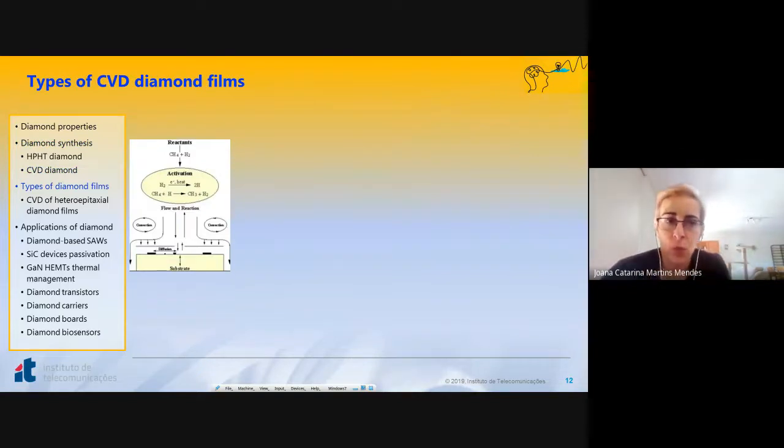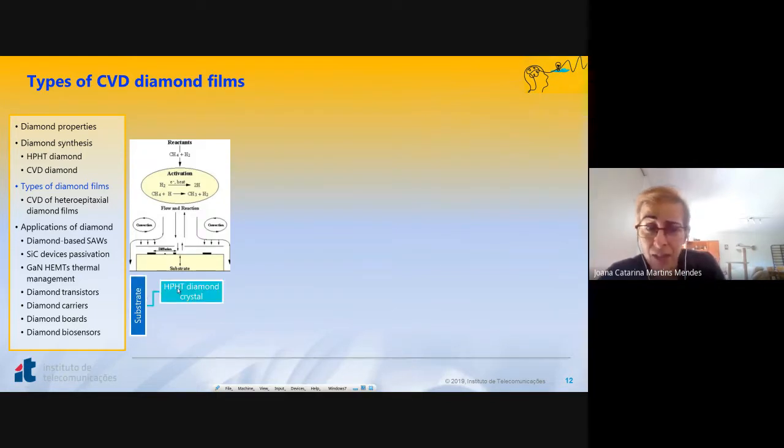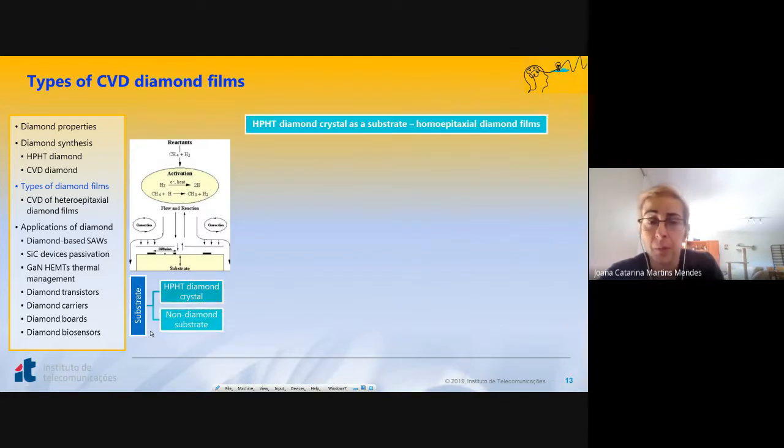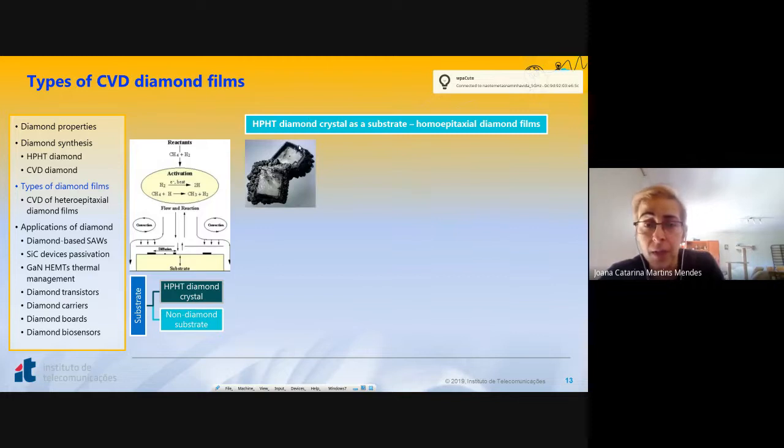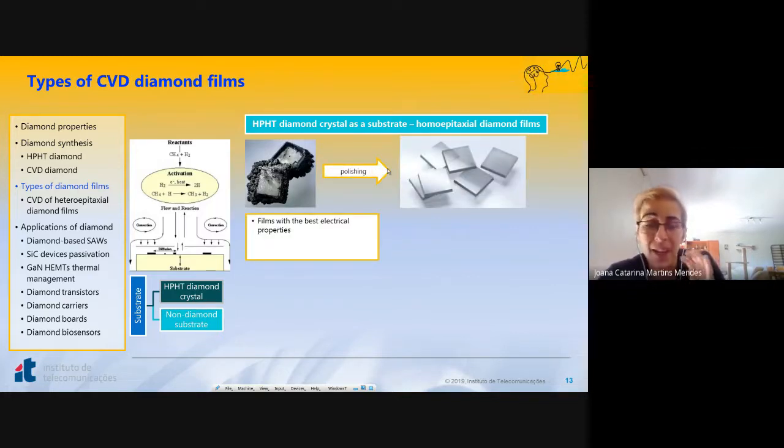And also another word about the types of diamond films deposited by CVD. I mentioned that we have a substrate, right? It can be either an HPHT diamond crystal or a non-diamond substrate. Now, if you have an HPHT crystal, you have homoepitaxial diamond films because you grow them on the same substrate. Here is one after deposition and polishing, and these films have the best electrical properties.